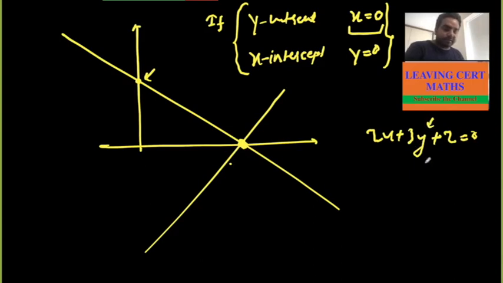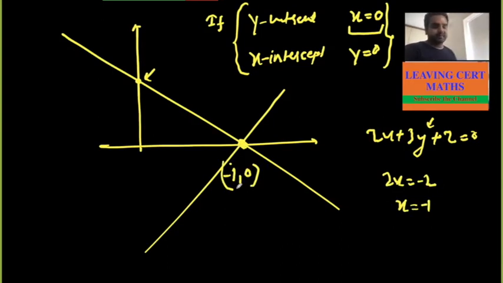If you put y equal to 0, you will get 2x is equal to -2, so x is equal to -1, which means this point is (-1, 0). You understand? So always remember x and y intercept.